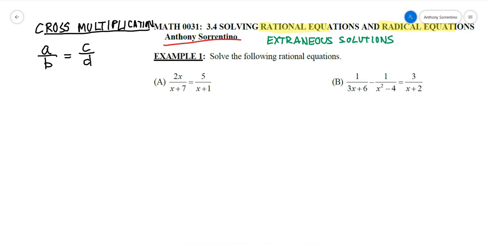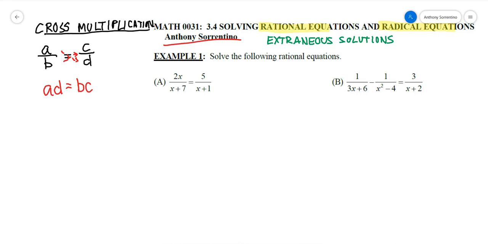A single fraction on the left of the equal sign equaling a single fraction on the right of the equal sign, then this is also true. I could multiply across the equal sign in a crisscross fashion. So I could say as a result of this, AD would equal BC.